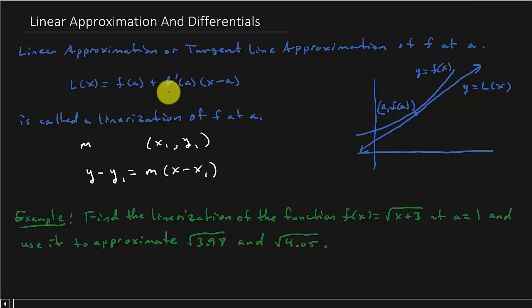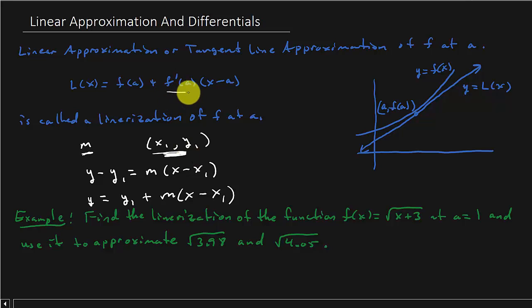See that? It's just y is equal to y1 plus m times x minus x1. It's the slope, and here's your point x1, y1.